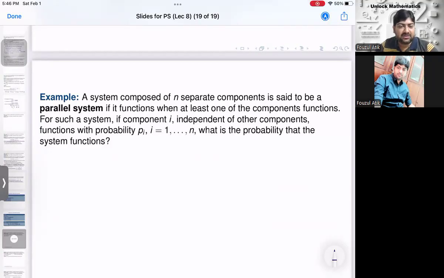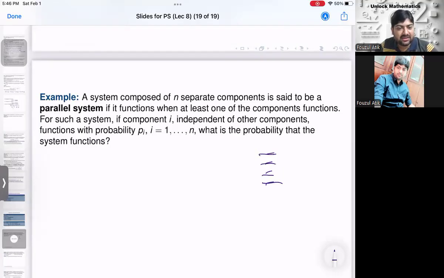A system composed of n separate components, so it has n components. It is said to be a parallel system if it functions when at least one of the components functions. So if at least one of them functions, then the system functions.